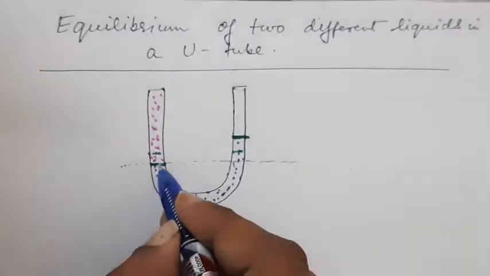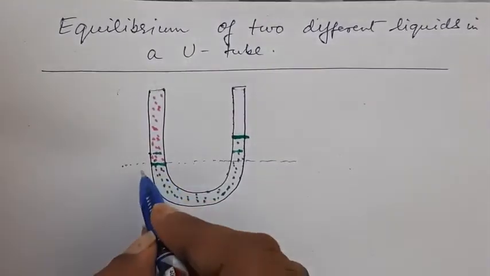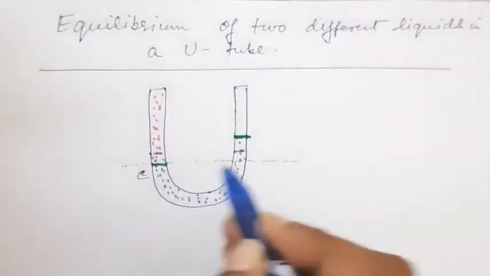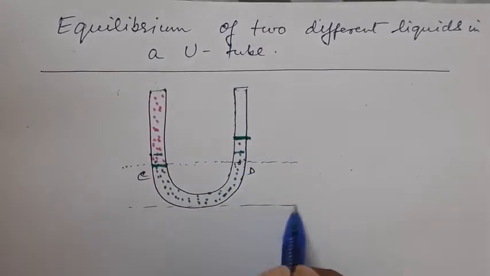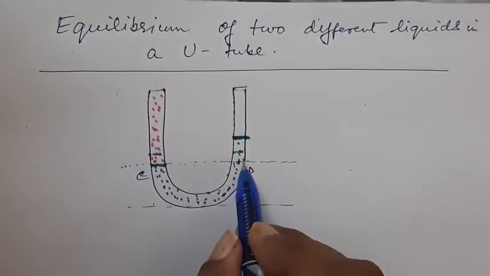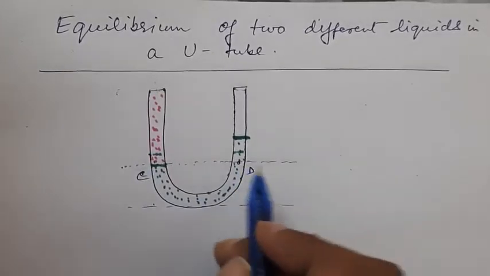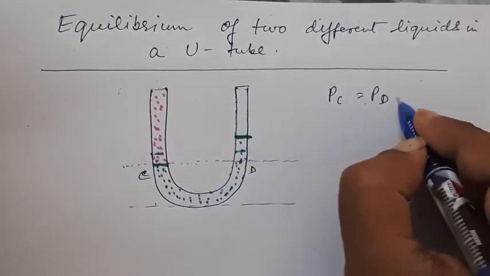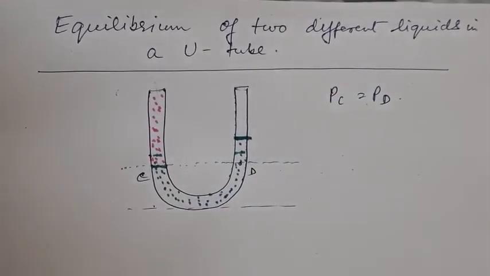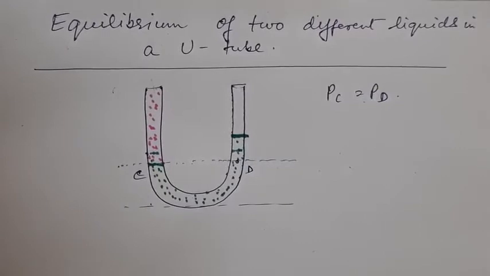Now this point you can name as point C, and this point as point D. As these points are at the same height from the ground level, the pressure will be the same here. So pressure at C must be equal to pressure at D. This is what is known as the equilibrium of the two liquids.